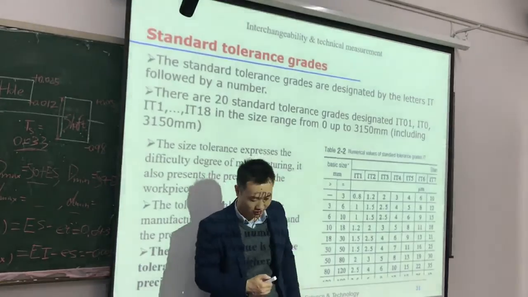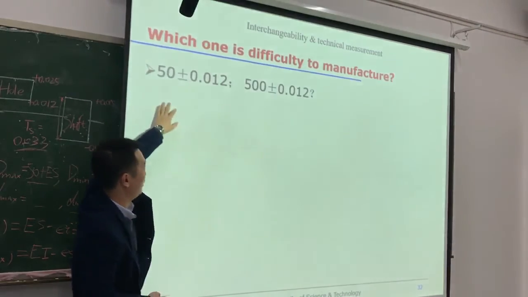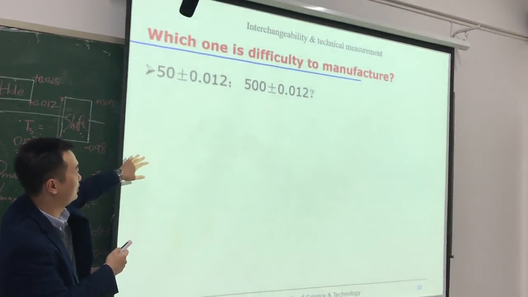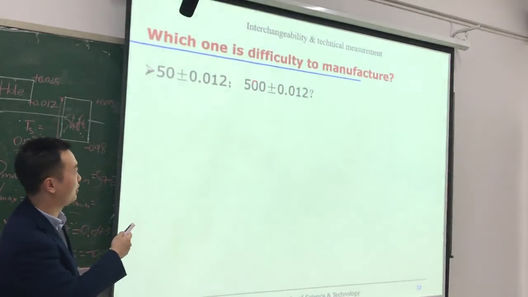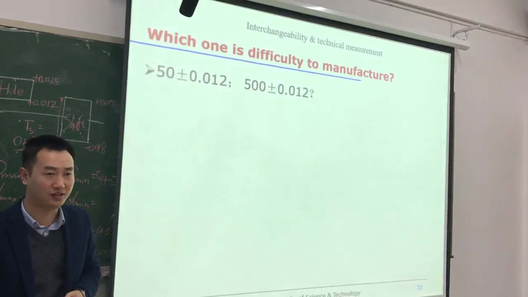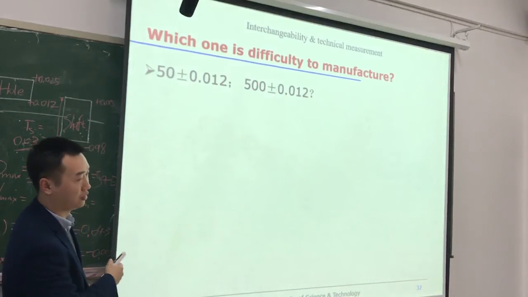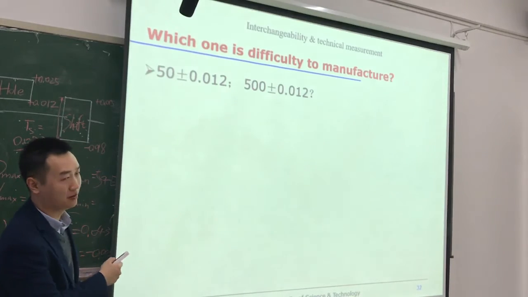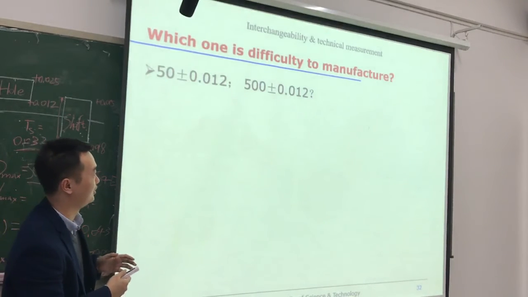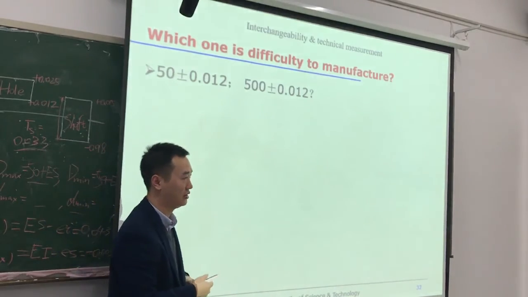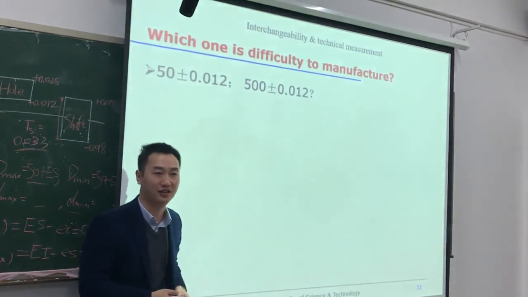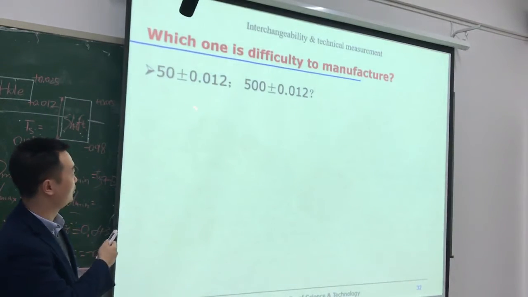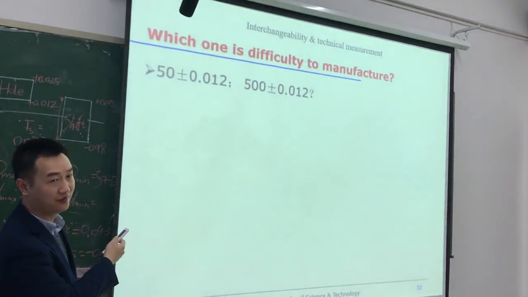So if we make two cylinders with different basic sizes, and this one is bigger, and they are in the same standard tolerance grade, which one has the higher position? This one.